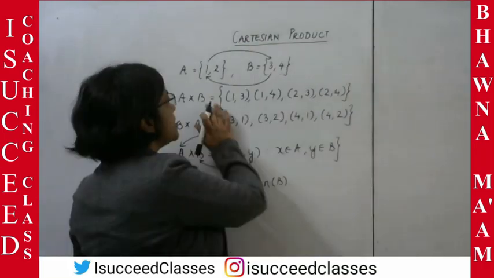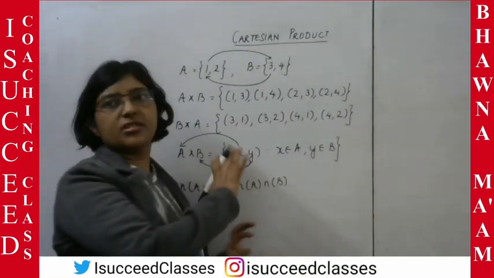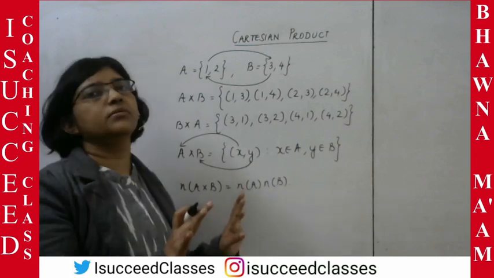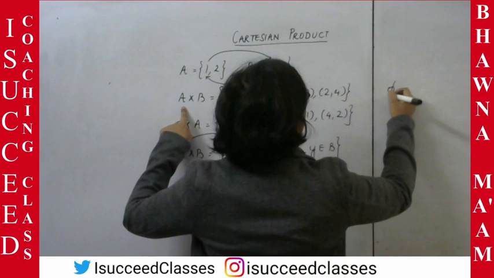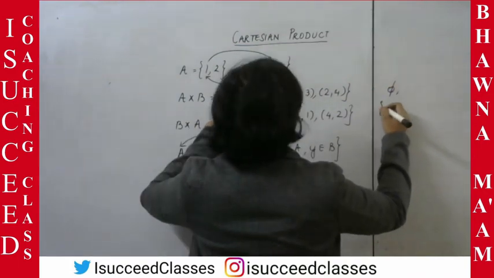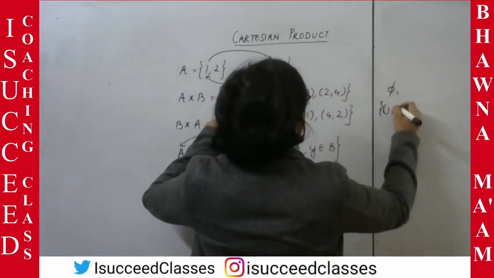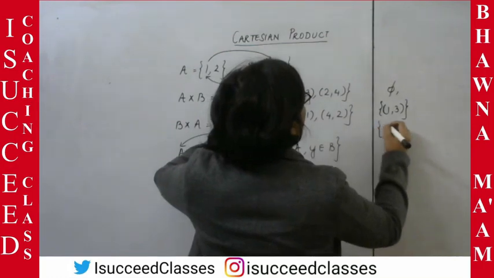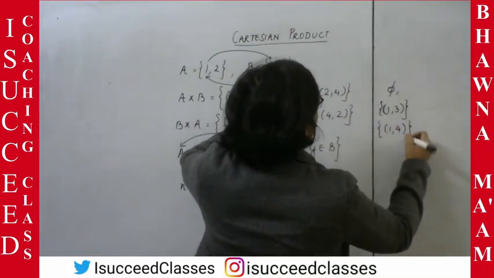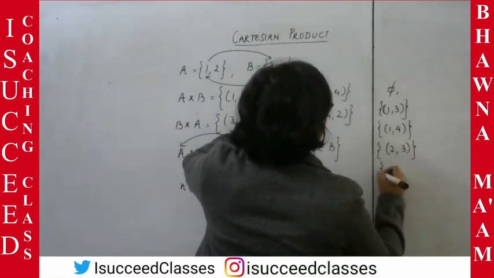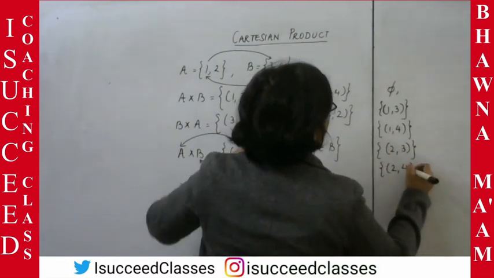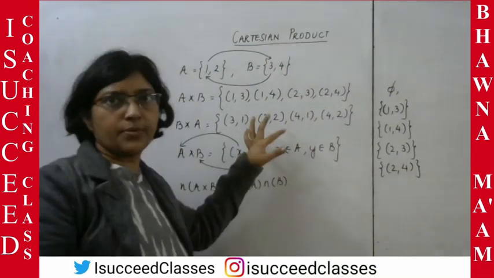Now, every subset of this A cross B is a relation. So what are the subsets? The null set is one. Another subset will be {(1, 3)}, {(1, 4)}, {(2, 3)}, {(2, 4)}. So we have written the singleton subsets.